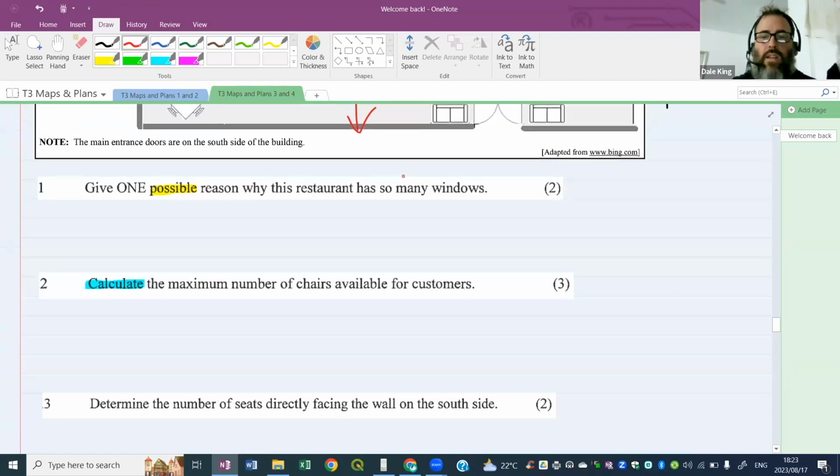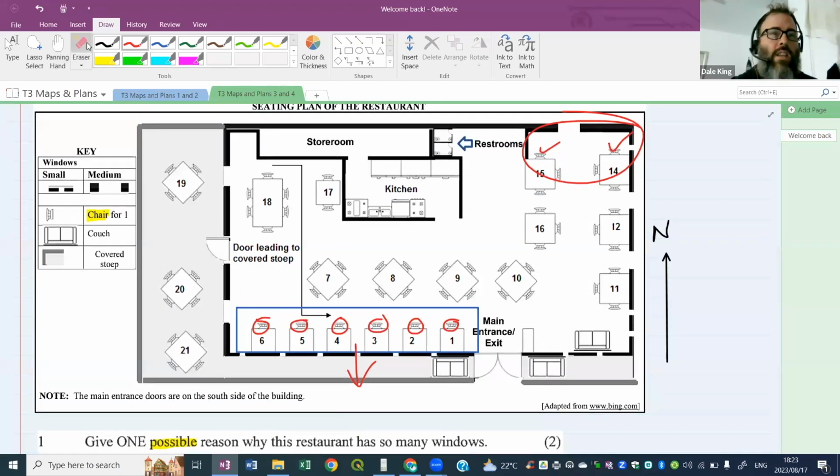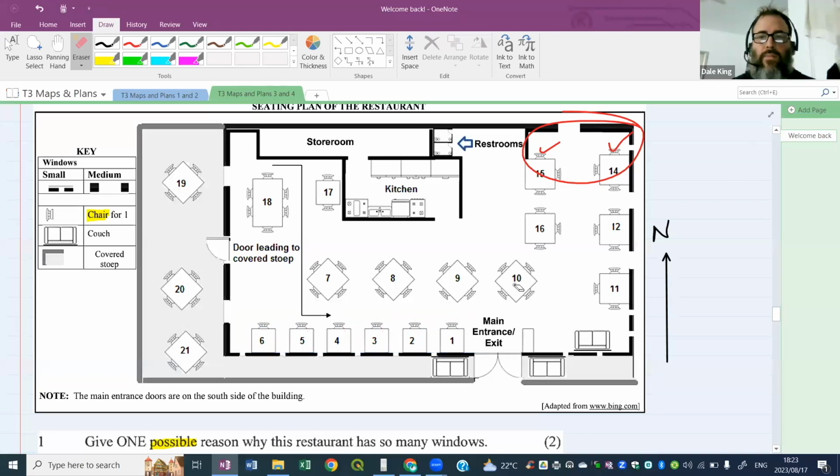Now, on the south side of what? On the south side of the restaurant. So the chairs that are facing the wall on the south side of the restaurant. So it's a matter of wording and word placement. That's what's called math literacy, because you need a little bit of literacy skills in interpreting the question.